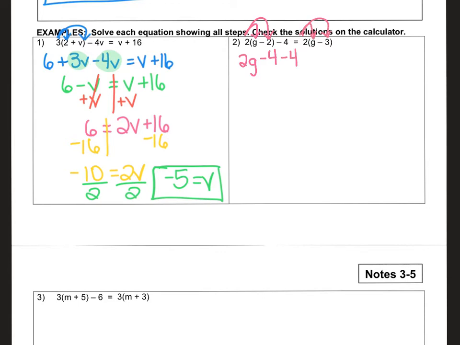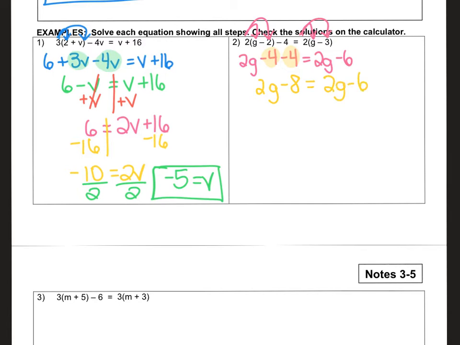We're going to distribute on the other side. And then you can see that we still have some numbers over here that are not combined on the left side, so I'm going to go ahead and combine those. We get 2g minus 8 on the left and 2g minus 6 on the right.